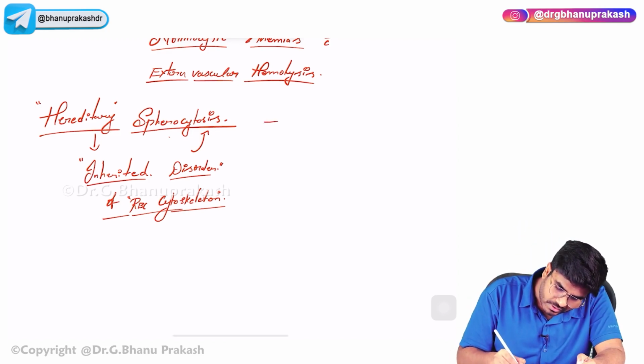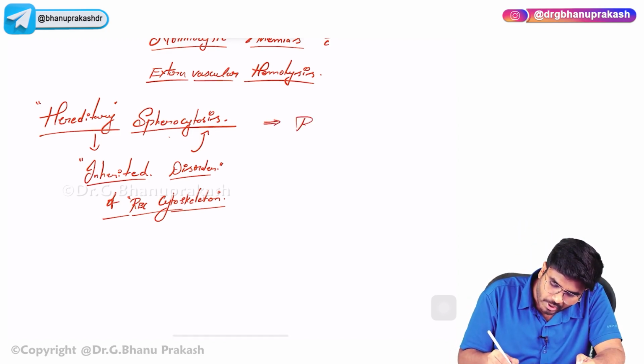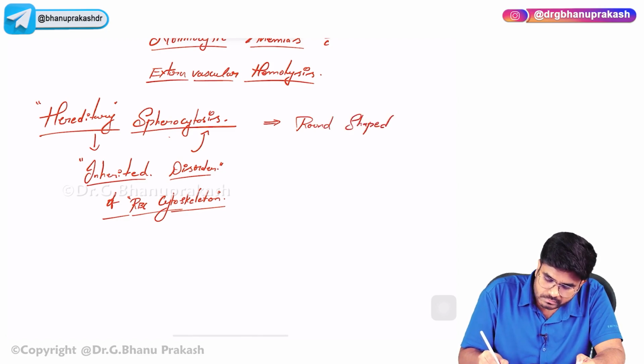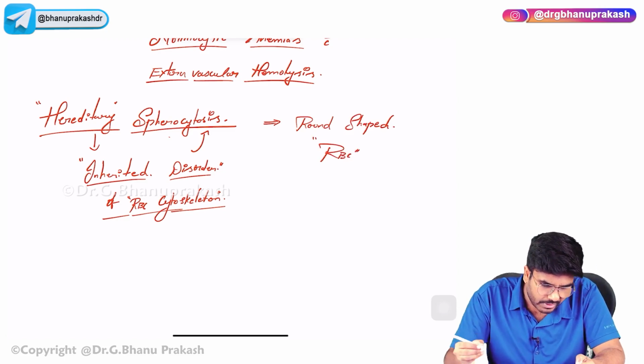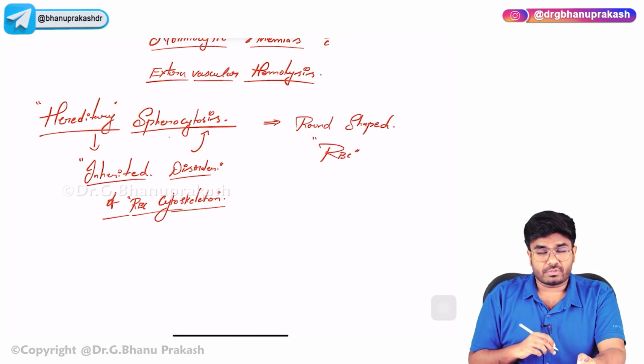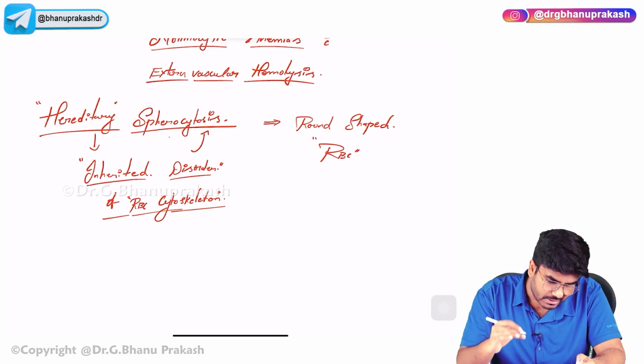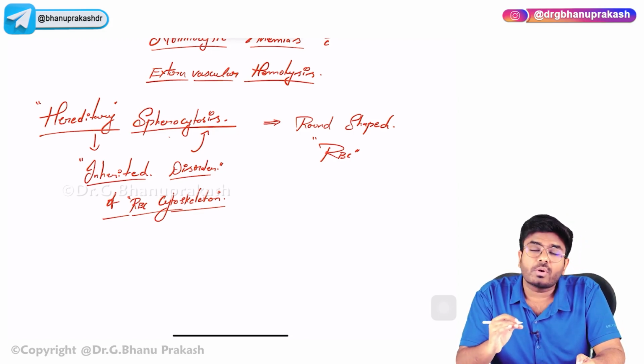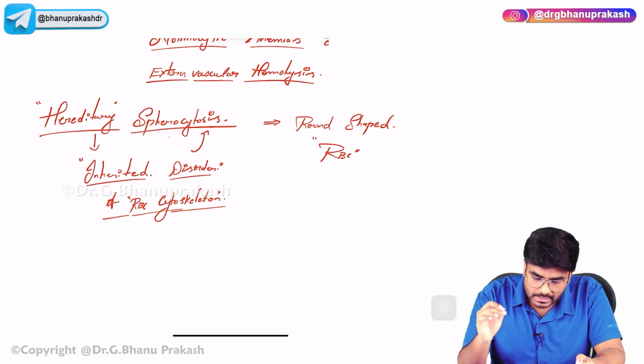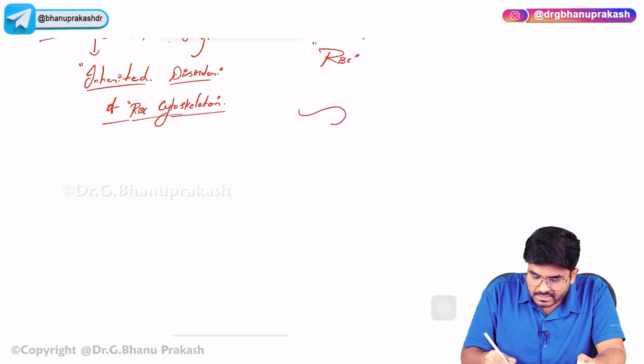Spherocytes are nothing but round shaped RBCs. Now in hereditary spherocytosis, which proteins are most commonly affected? You need to understand this.